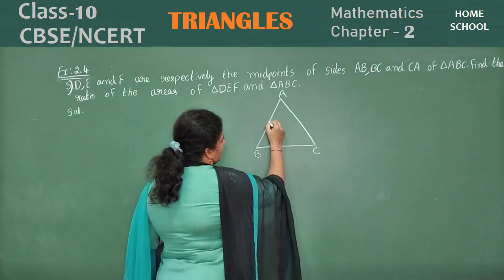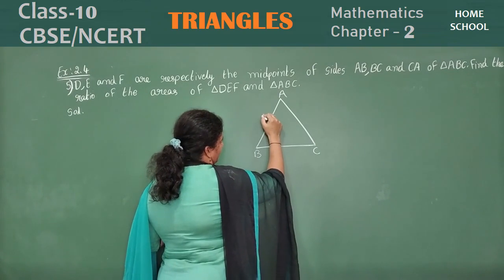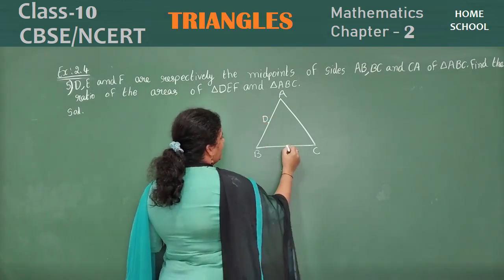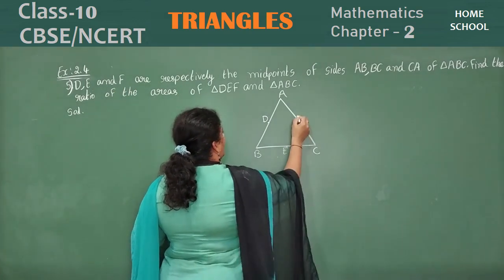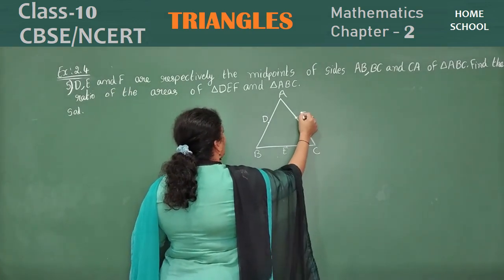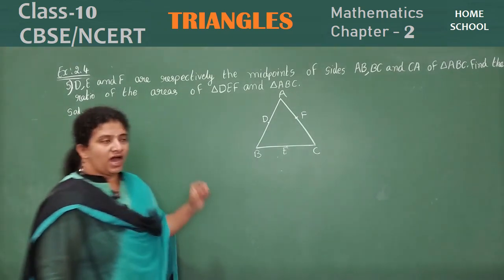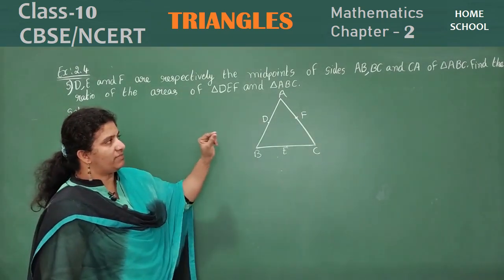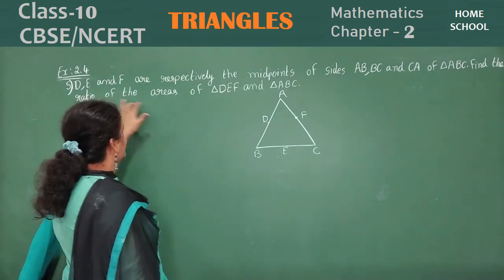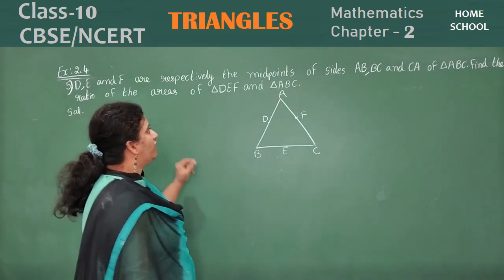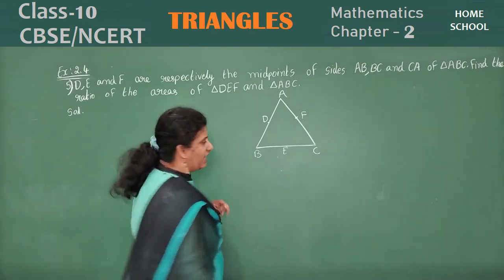AB, what is the midpoint here? D. Okay, and BC midpoint is what? Second letter, E. And CA midpoint is what? F. D, E and F are the midpoints of AB, BC and CA of triangle ABC. Find the ratio of the areas of triangle DEF.